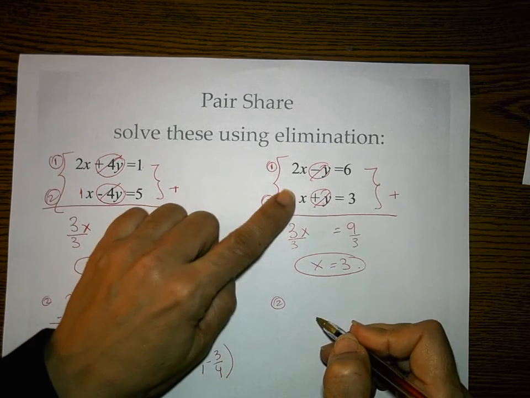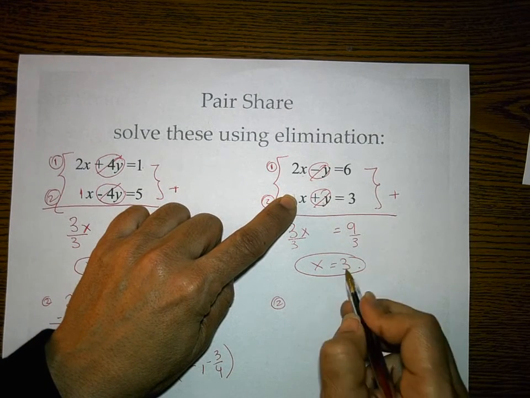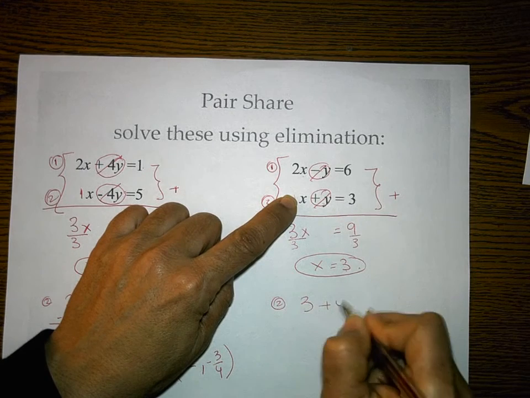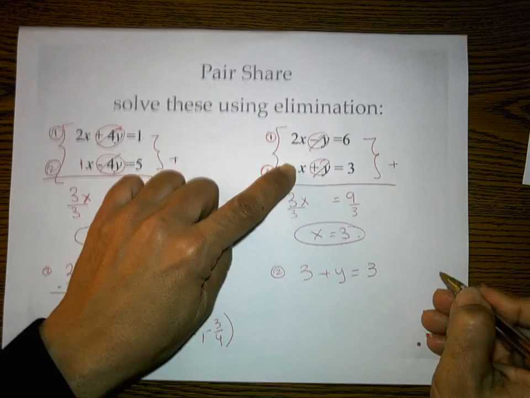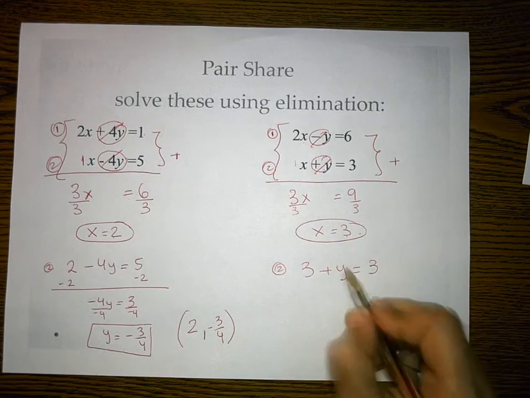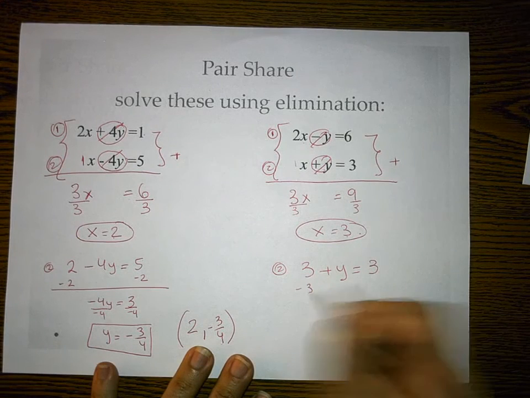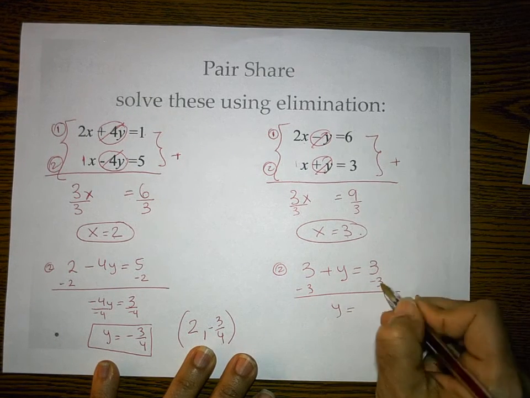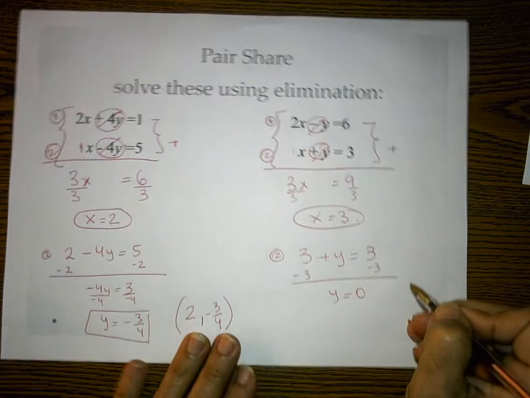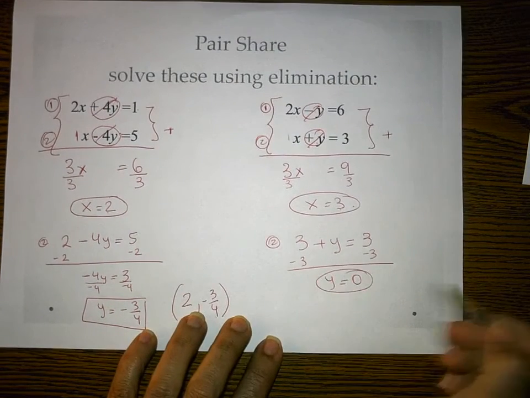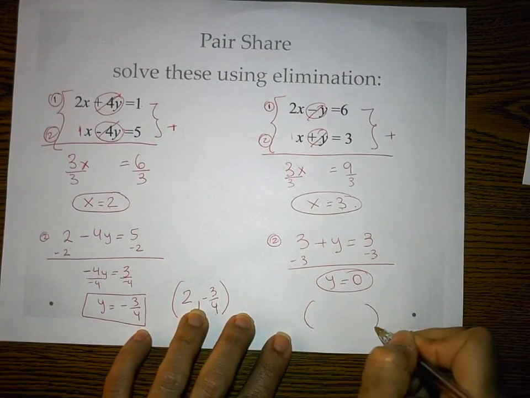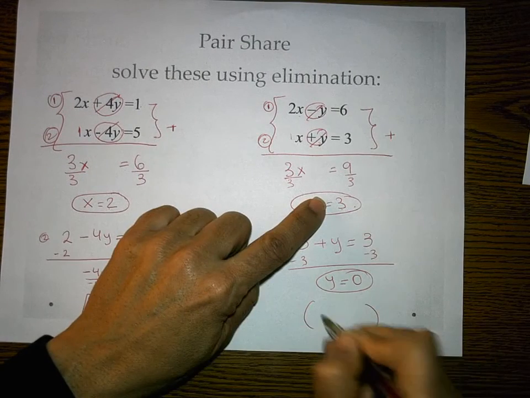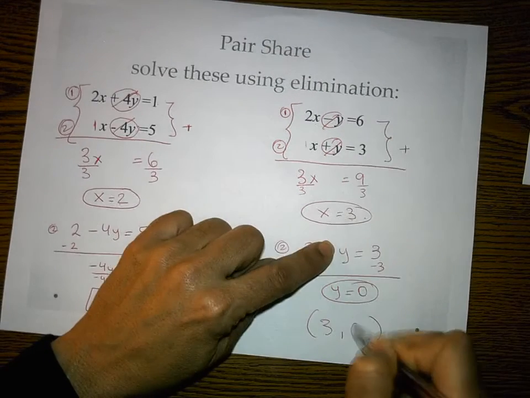Number 2 says x, which is a 3, plus y equals 3. I need to get y by itself, so I'm going to subtract the 3 from both sides. And we get that y equals 3 minus 3 is 0. That's okay. All right, there's my y value. So my ordered pair is x comes first, so it's 3, comma, 0, right here.